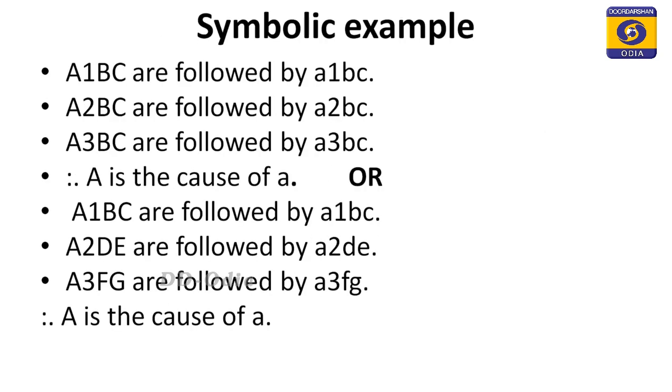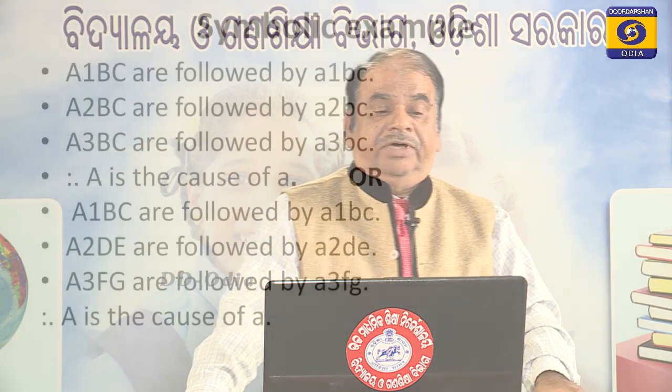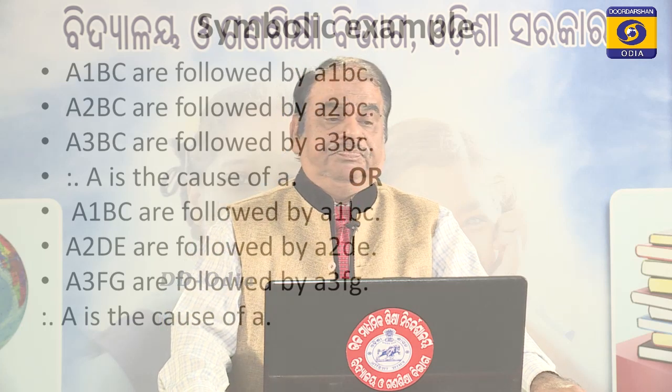Now, coming to the symbolic example. The symbolic example of this method is almost like the method of agreement, very much like the method of agreement, the only addition is that there are numerical variations. So, now you see the symbolic example: A1 BC followed by a1 bc.